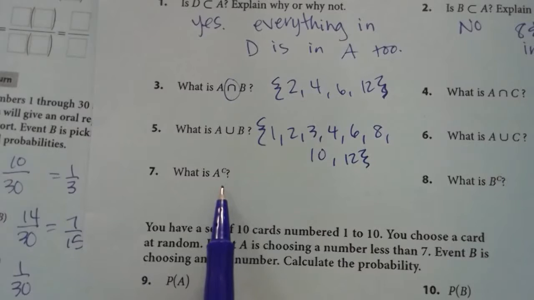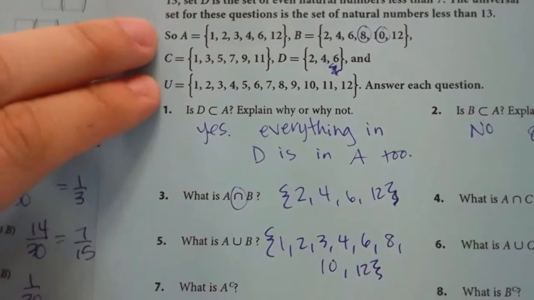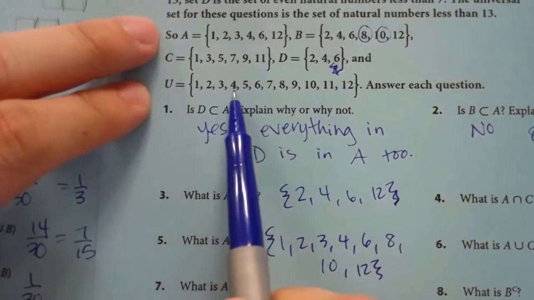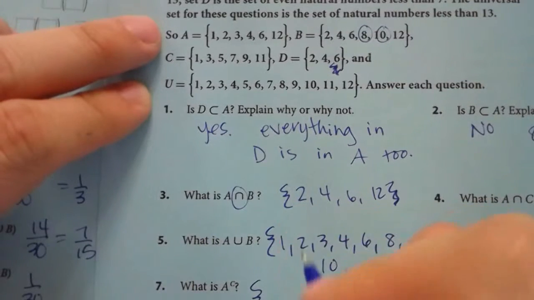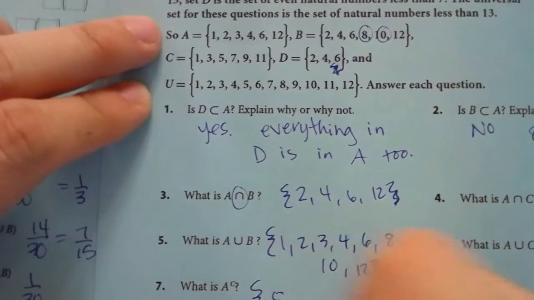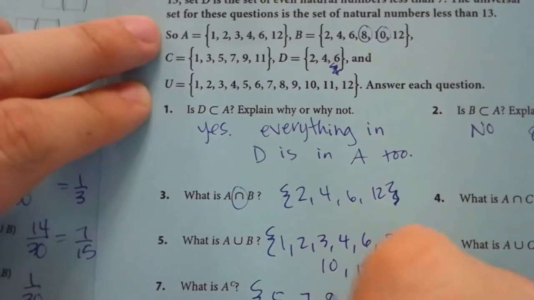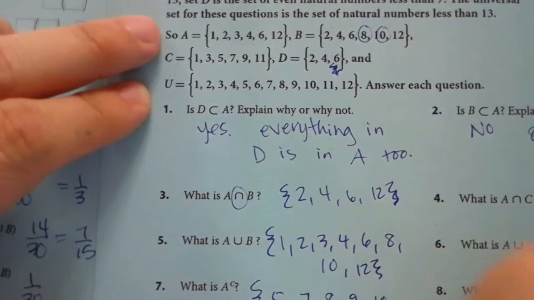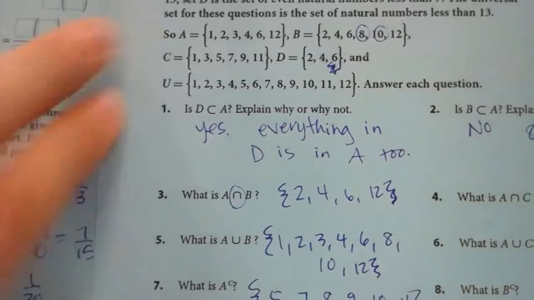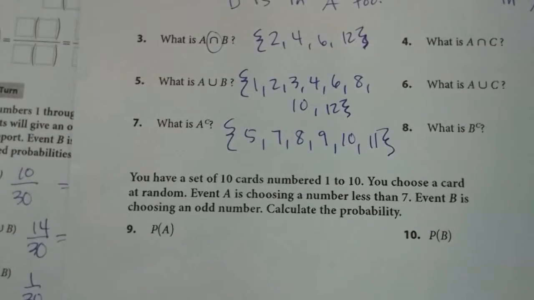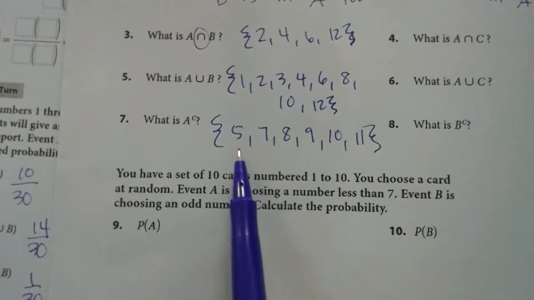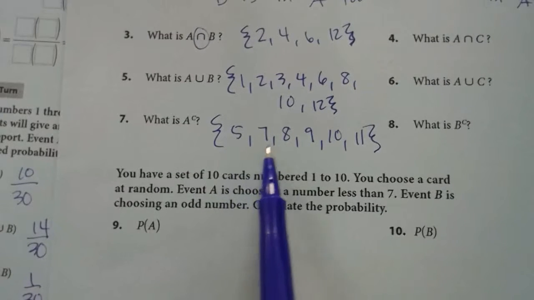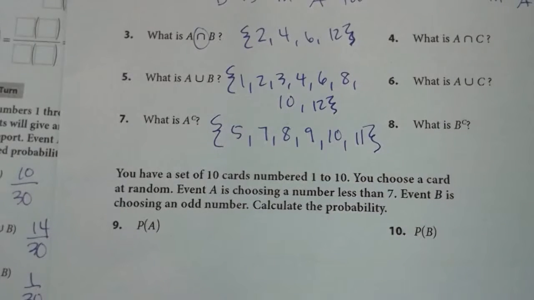That means everything that's not in A. So we look at A, we compare it with the universal set. What does the universal set have that A does not? 5, 7, 8, 9, 10, 11. A doesn't have 5, it does not have 7, or 8, 9, 10, 11.